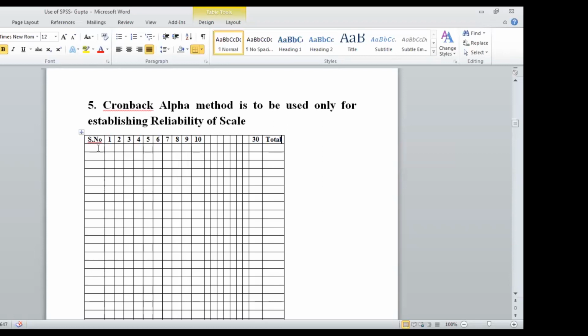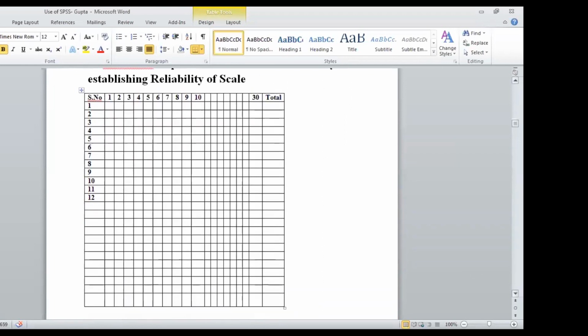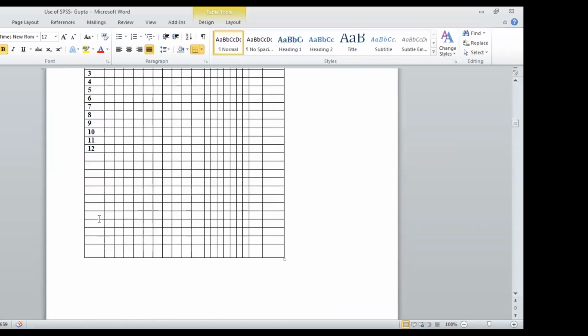Now the first person, the second, the third, the fourth, fifth, sixth, seventh, eighth, 9, 10, 11, 12, and like this you have. So you have your 600 people.